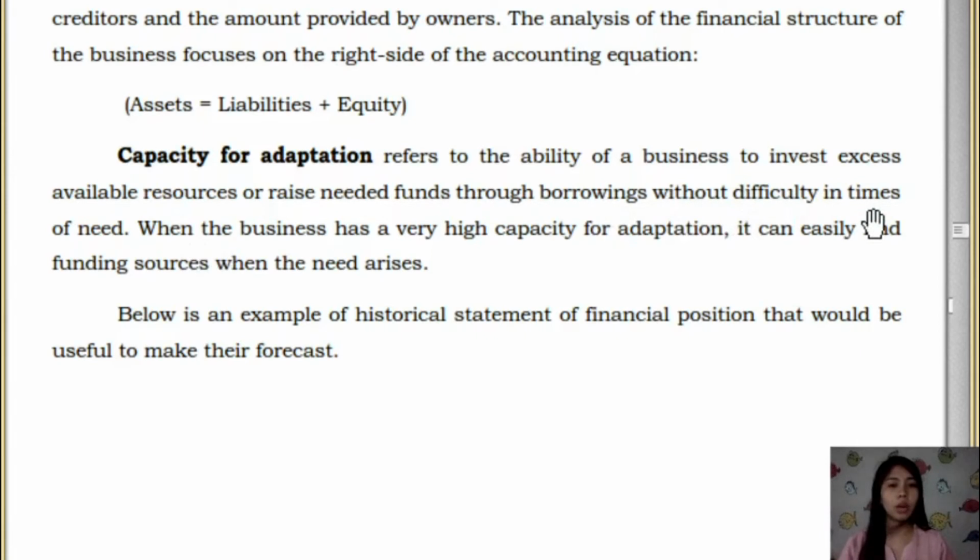So, gaano kabilis maka-generate ng funds, or mangungutang or other sources na makukuhanan aside from pangutang, or you will at least sell stocks of your company to generate additional capital.